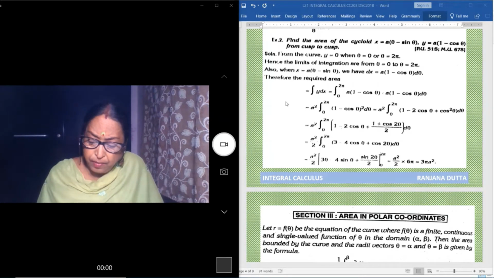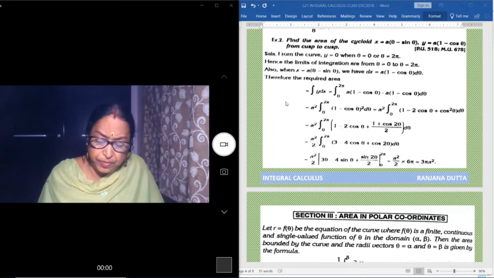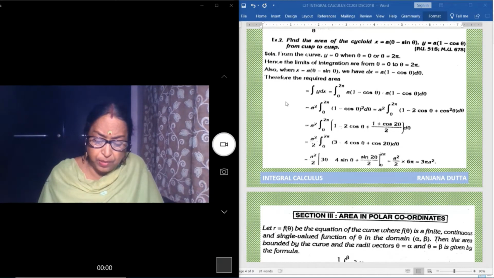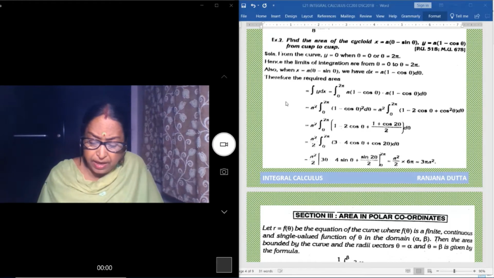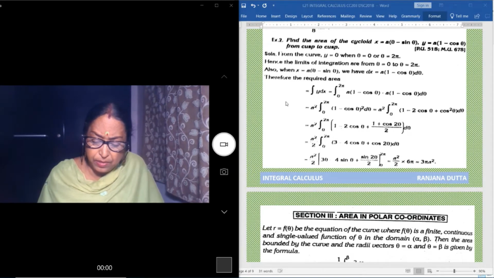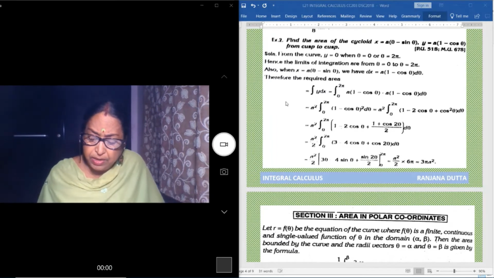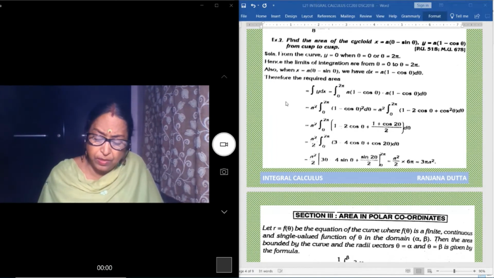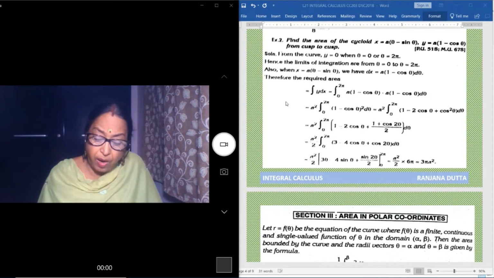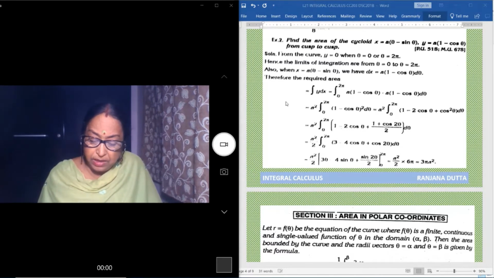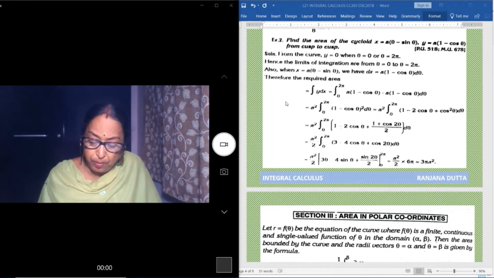Here, when y is equal to 0, we get theta is equal to 0 or theta is equal to 2 pi. So the limit of theta will be 0 to 2 pi.